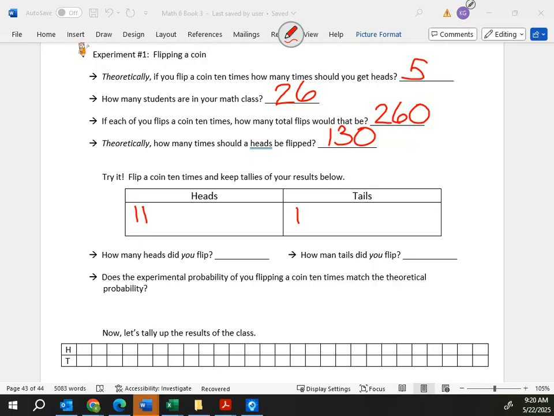So you should end up with 10 tally marks. And you're going to record how many heads and how many tails. And then we're going to come back and we're going to look at what the class got. So you're going to have your individual totals for your 10 flips. Then we're going to see what happens when we have a lot of people doing those flips.